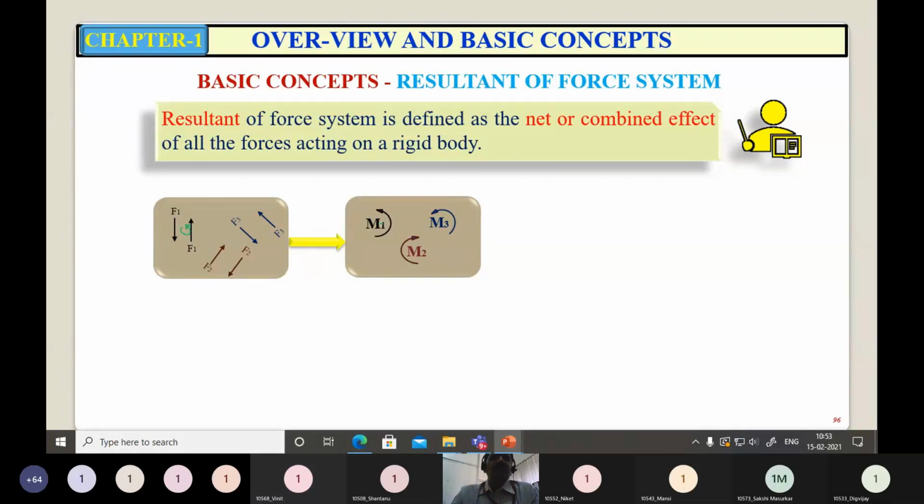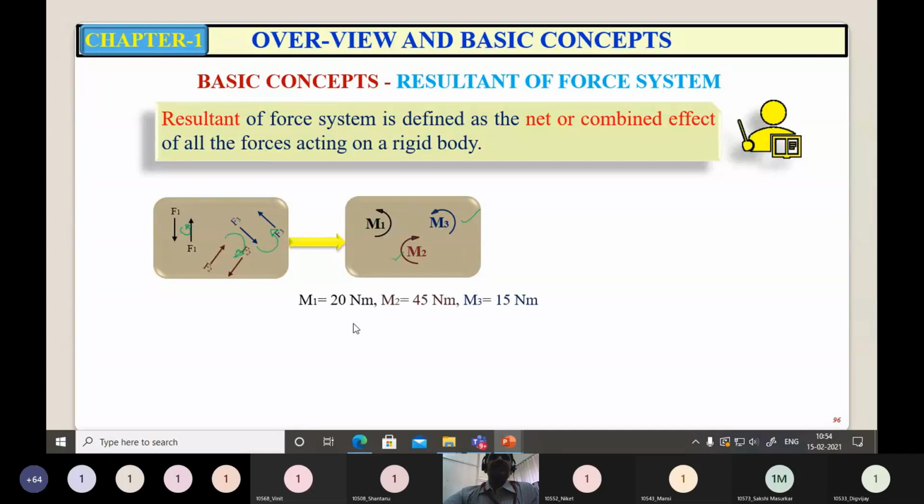So M1 is anti-clockwise. And see here, the sense of rotation of couple F2: it is going upwards, it is going downwards. So it is clockwise. So the moment M2 is clockwise. Similarly, for F3, the sense is anti-clockwise. So M3 is anti-clockwise. So these three couples are acting on the body.